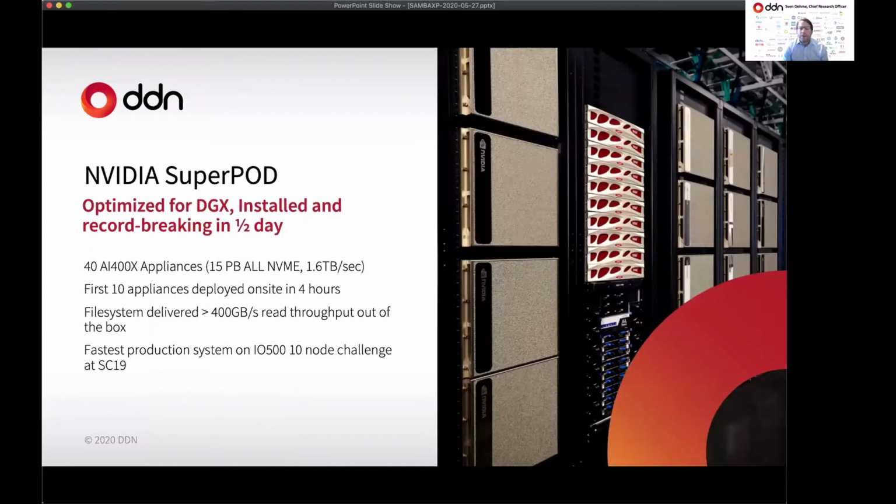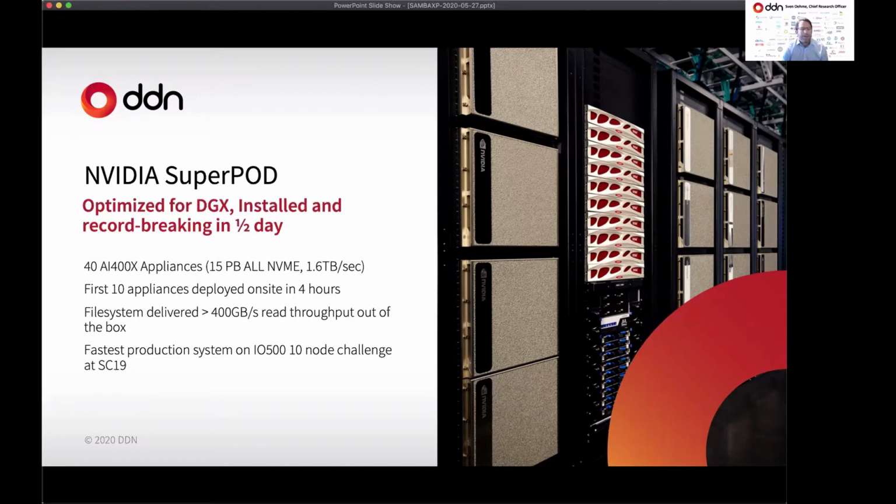So to give you an idea of what some of these systems look like that we deploy, here is one prime example. NVIDIA, who is not just a partner, but also a huge customer of ours, is designing what they call superpods. Superpods are super large-scale analytic systems based on their GPU acceleration technologies. We got challenged shortly before Supercomputing 19 last year, where NVIDIA reached out to us and said, hey, we have this huge requirement.